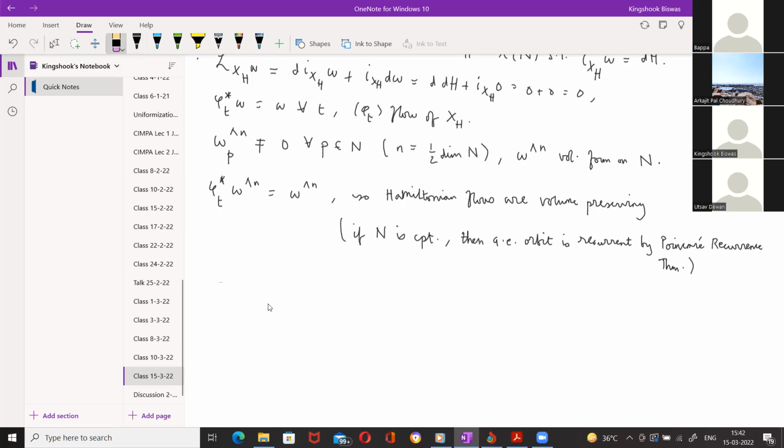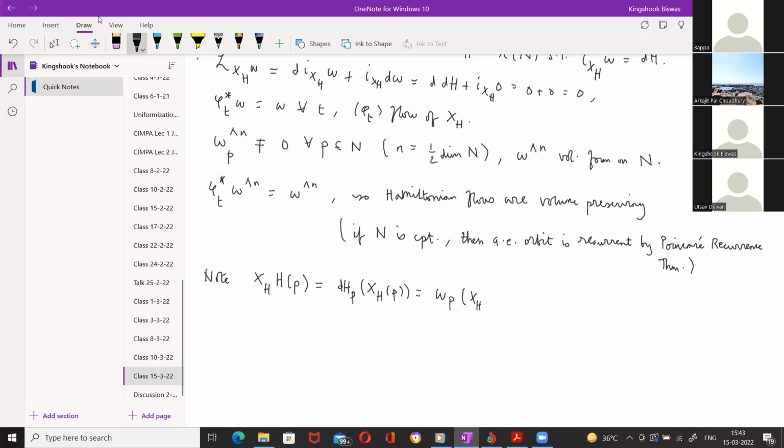The Hamiltonian flows also preserve the function H, because note that XH of H at p is equal to dH_p of XH_p, and dH of anything is equal to omega of XH_p with that thing.